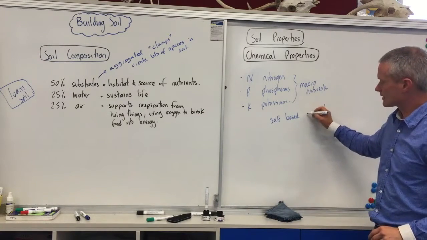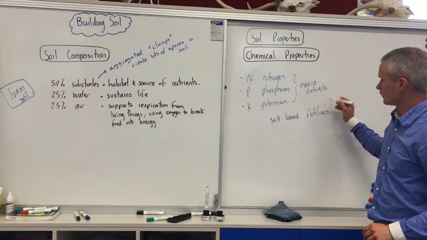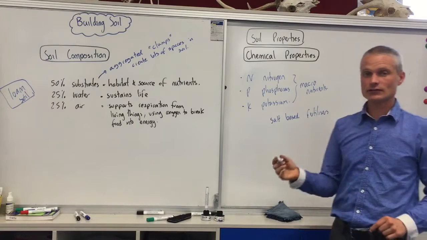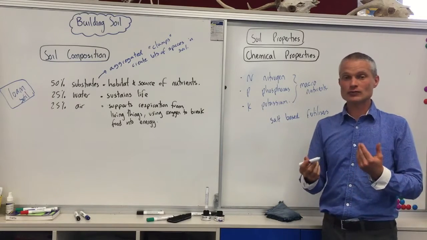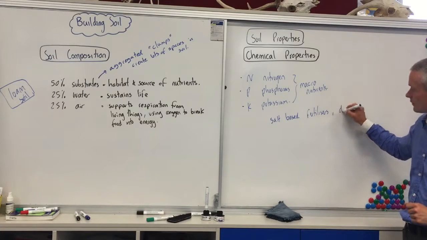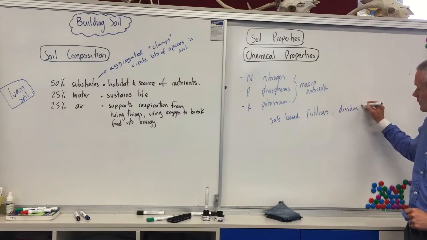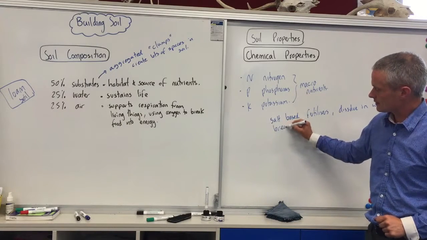So these salt-based fertilizers, what happens when those salts are applied to the soil, they get absorbed in the water. So all salts can dissolve in water, so they dissolve in water. And they break down into ions.